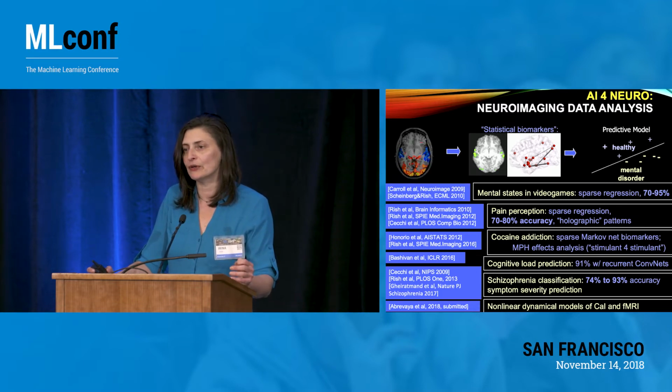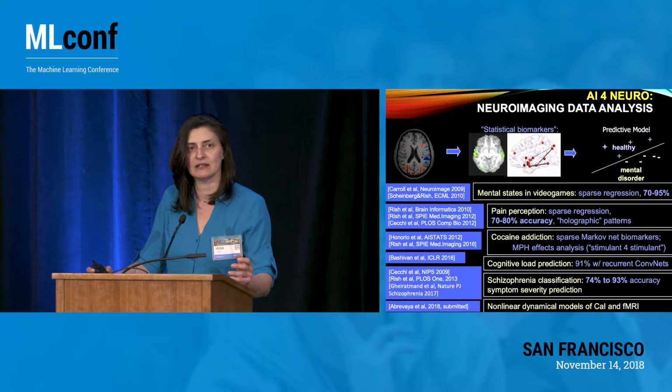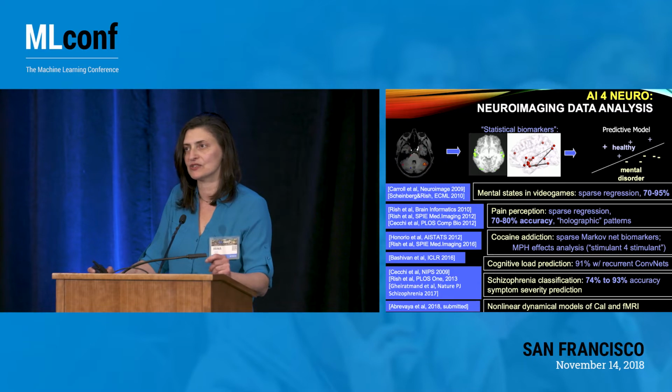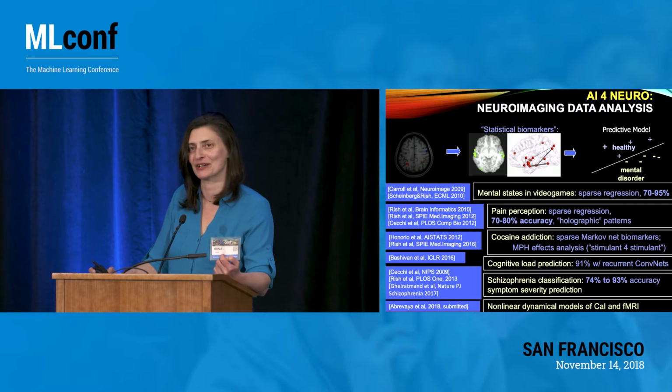But the list goes on because you keep analyzing different data sets and different applications, trying to see not only how accurately you can, say, detect mental state, but what are those features or patterns, or what people in neuroscience would call biomarkers. In this case, they are statistical biomarkers.